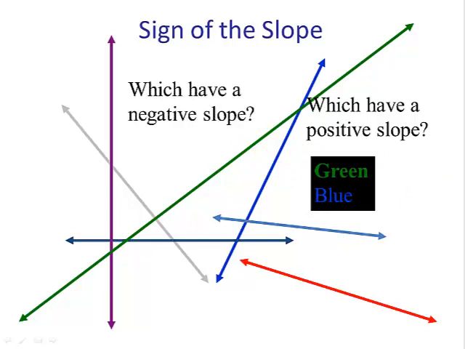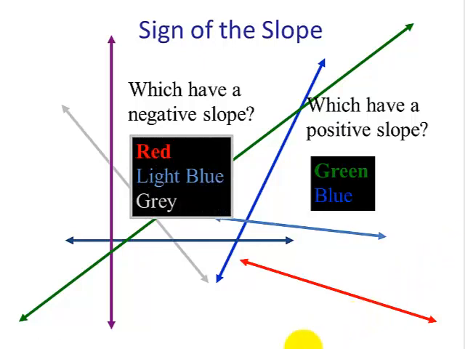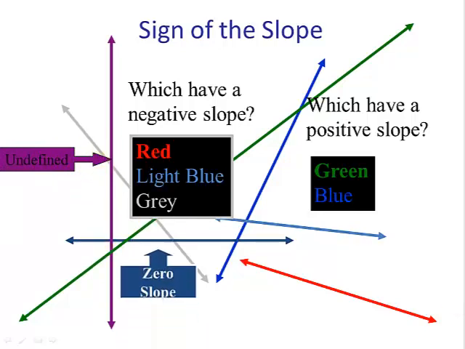Which have a negative slope? The red one, the light blue one, and the gray one. This line is undefined. It is vertical. And this line here, the slope is 0.